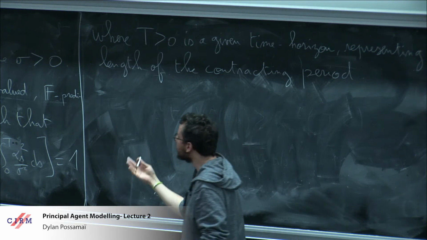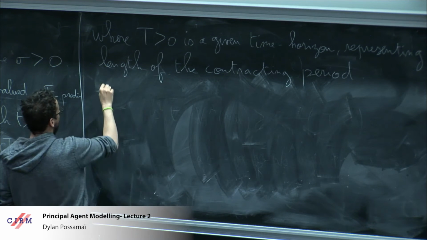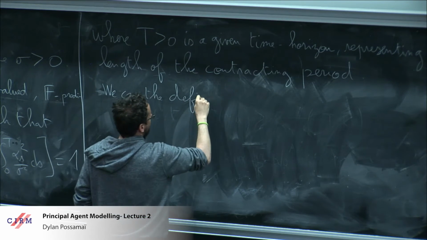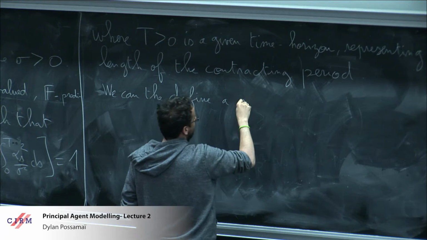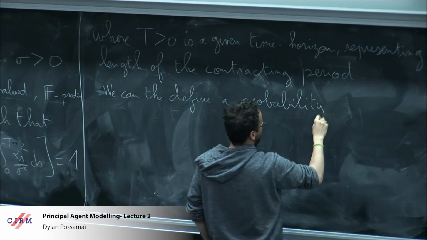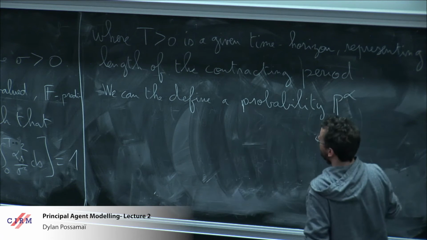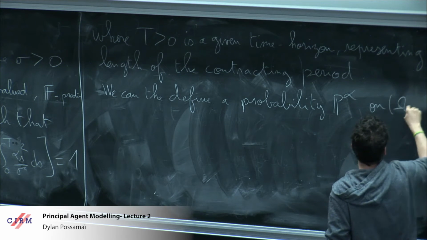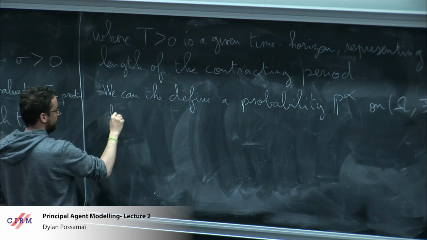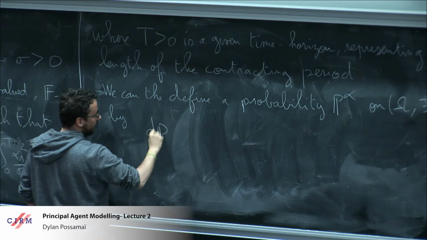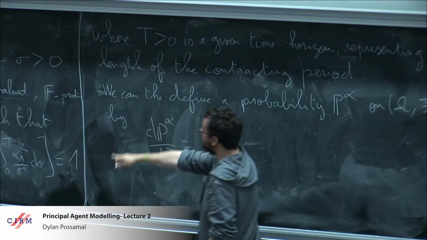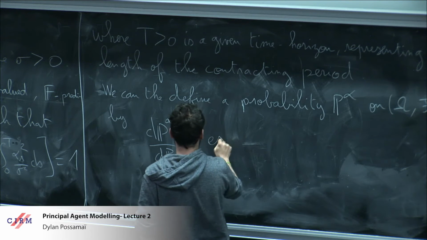All right, so once you assume this, we can define a probability measure P alpha on our original measurable space, such that the Radon-Nikodym density of P alpha with respect to P is exactly given by the quantity over there.